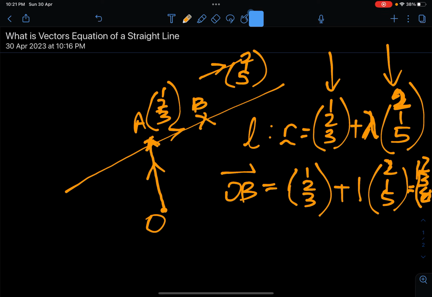It's very close to the edge, but anyway, this is not really important. What is important is this.